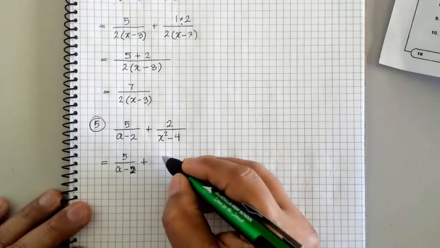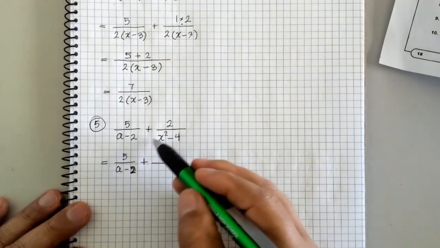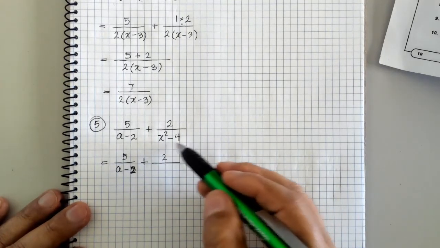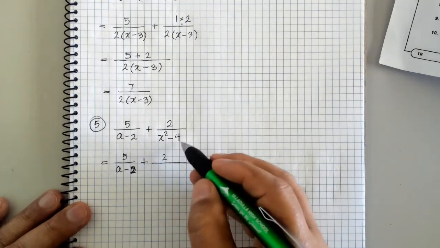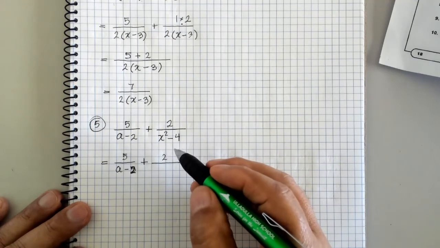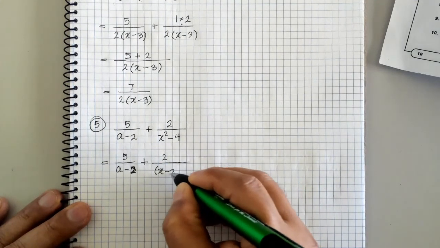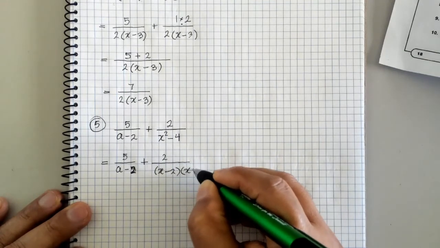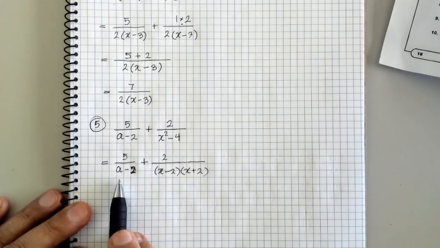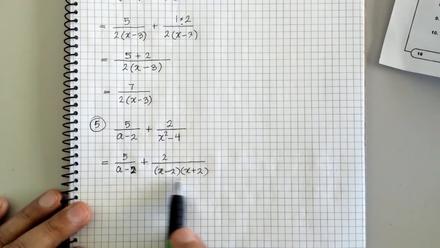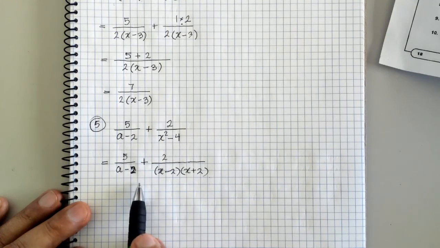But in this one, you can see that we can factorize this expression because this is the difference of 2 squares. At this point you should recognize difference of 2 squares very, very quickly. So this then becomes a minus 2 and a plus 2. Alright, and then you can see that these two denominators are different.